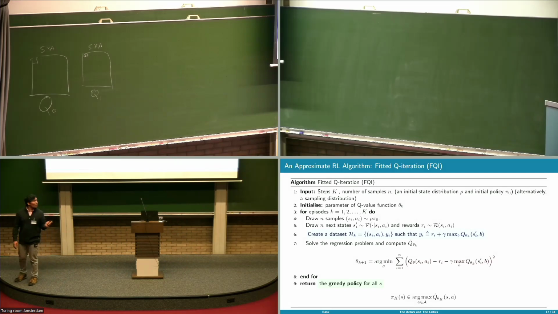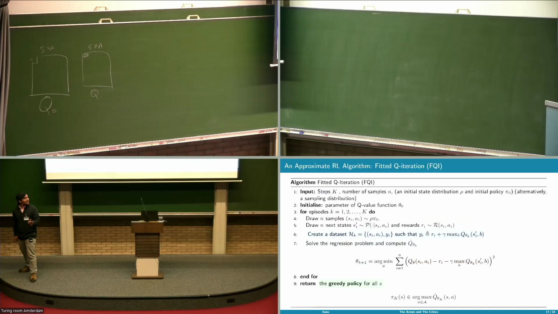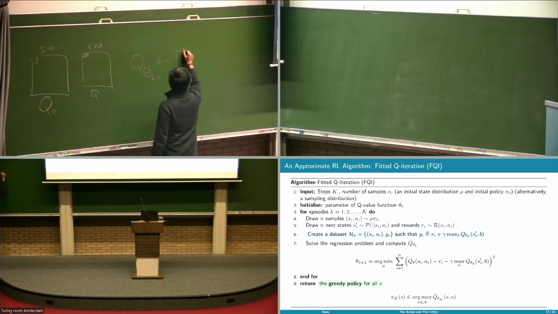Originally, I'll try to remind you, maybe I'll write it here so that we always remember it, because that's the whole purpose: we have this Q theta K plus 1 that we want to find out, and we said that is basically the optimal Bellman operator applied on this thing.